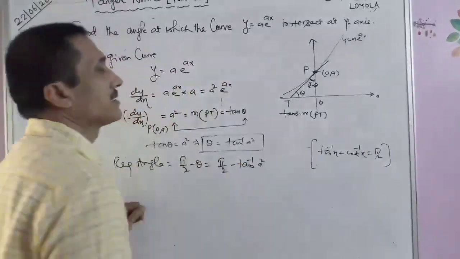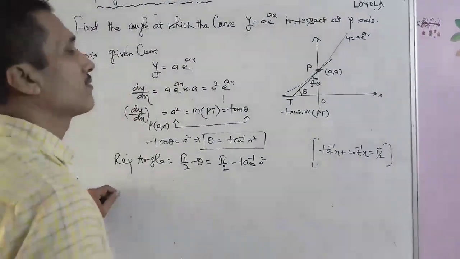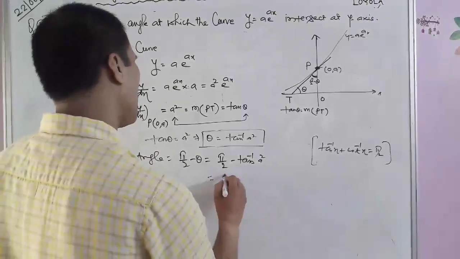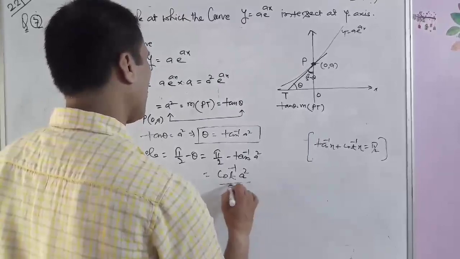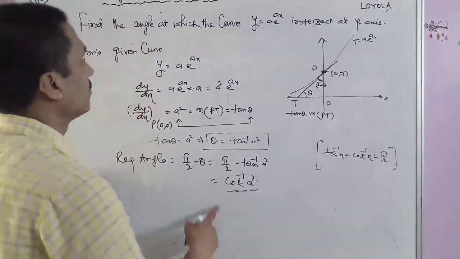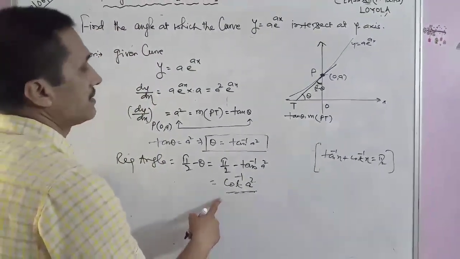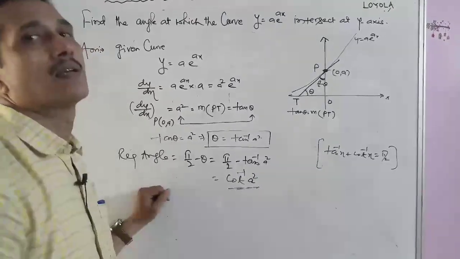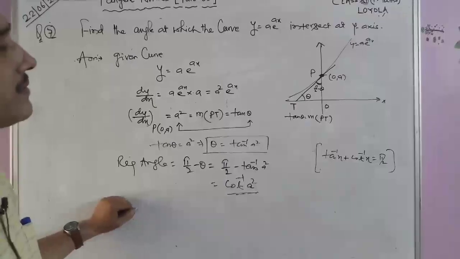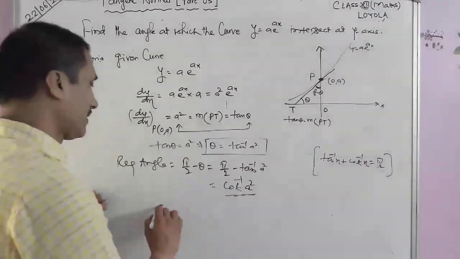So pi by 2 minus tan inverse x equals cot inverse x. This will be cot inverse a square. So our answer is cot inverse a square. That's it.